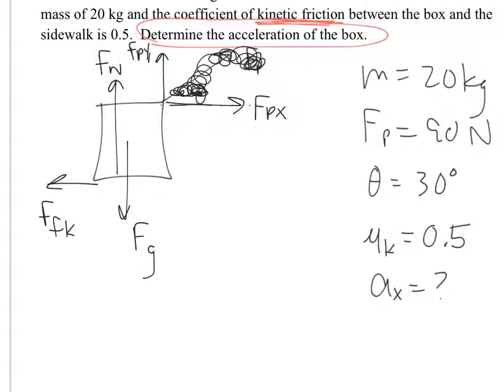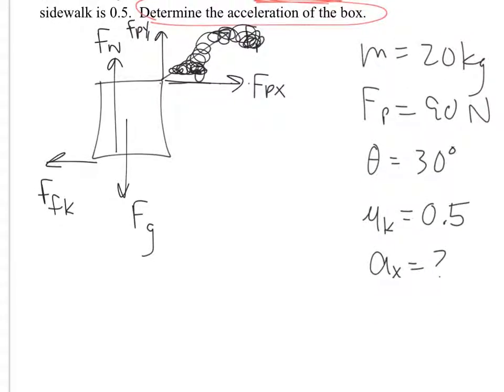I could replace it with its corresponding components. If it's at an angle up to the right, it's got up and to the right as its components. So now in the x direction, we've got FPX and FFK. In the y direction, we've got FG, Fn, and FPY. 3 forces in the y direction, 2 in the x direction.